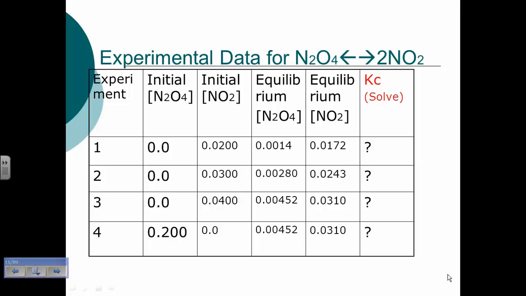I want you to take a moment with your calculator and solve for Kc for each of these 4 trials: the value of NO2 squared at equilibrium over the value of N2O4 to the first power at equilibrium.